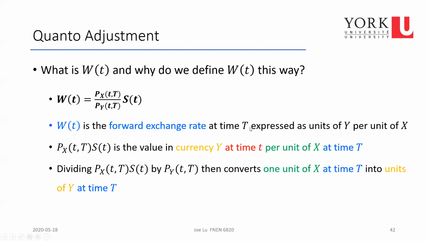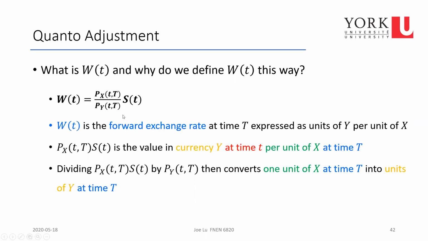Well, W is actually the forward exchange rate at time T. Now for the forward exchange rate at T, you can see that with this expression, you can write it as W divided by this PX is equal to ST divided by PY.